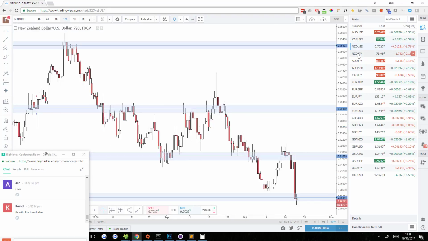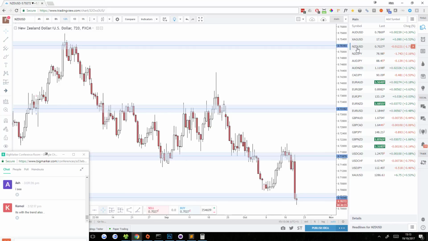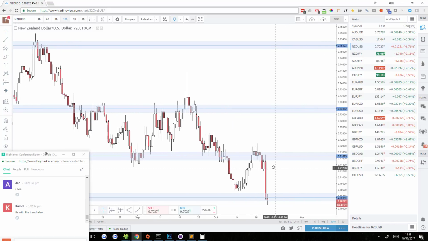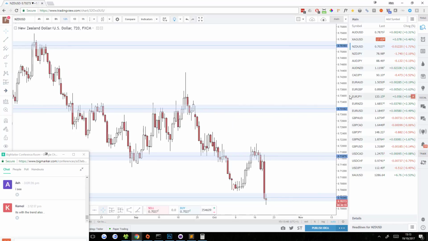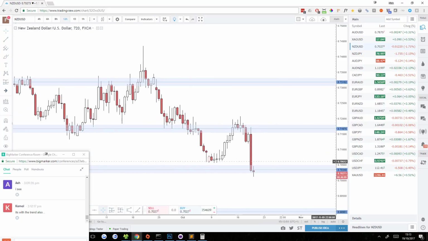So out of the choice of New Zealand USD and New Zealand JPY, New Zealand USD was the chosen one, so to speak. And actually, since this is analysis and not really trade wrap-ups, another very important point, New Zealand USD, it's stalling on top of this support area right now. So we might potentially be able to get in for a nice little bullish retrace from this support area.